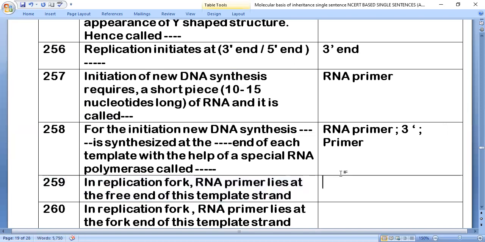In the replication fork, the RNA primer lies at the free end of the template strand at the 3' to 5' strand, and at the fork end of the template strand 5' to 3' strand.